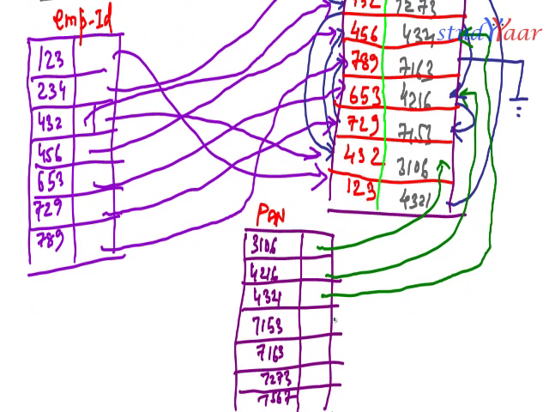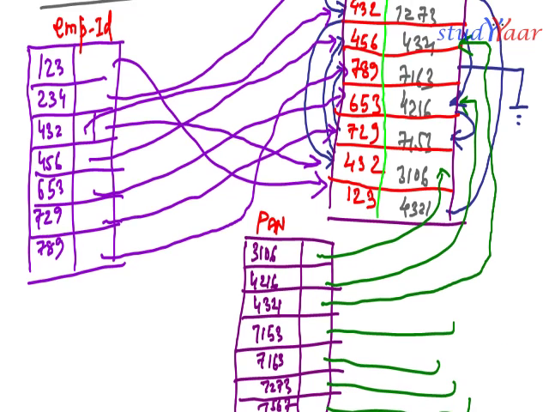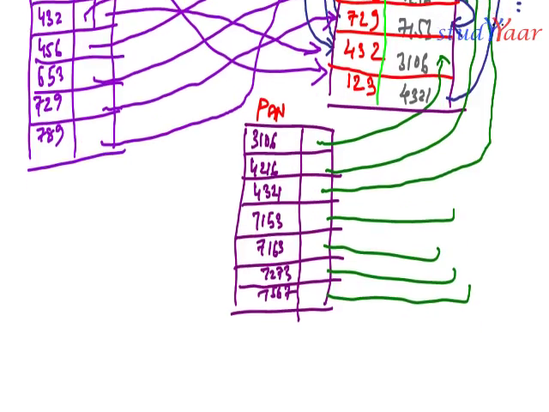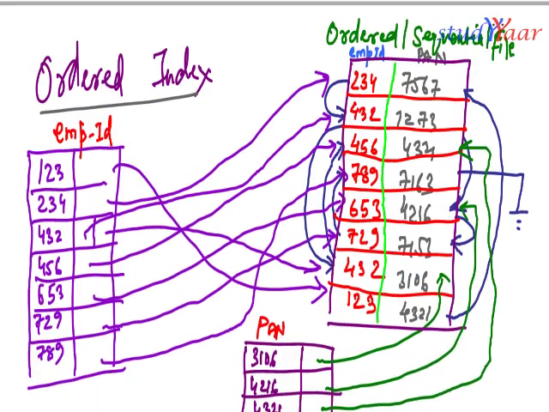Okay, I won't show it. I would just show the partial pointers. Let's assume it is pointing to the appropriate record.